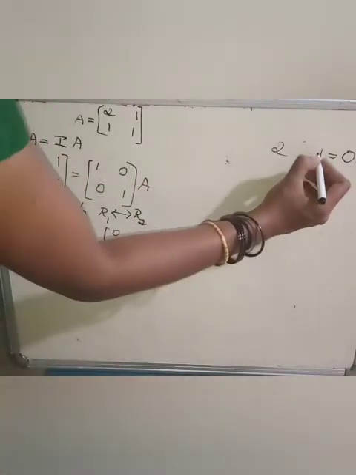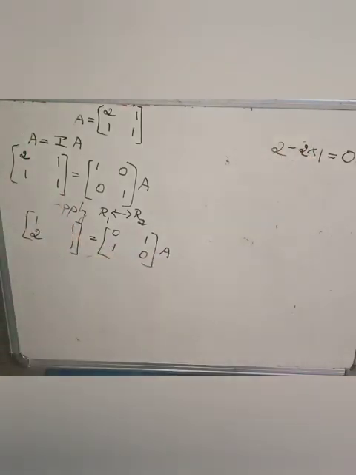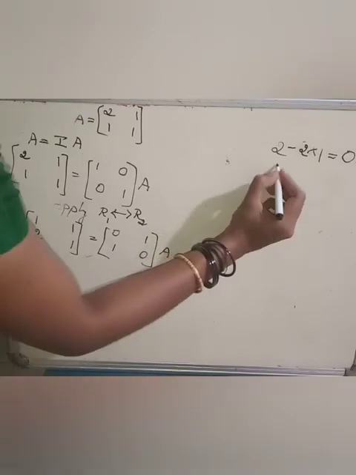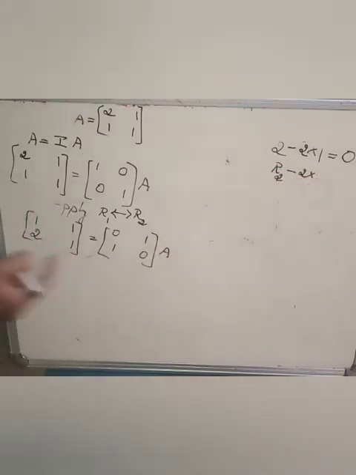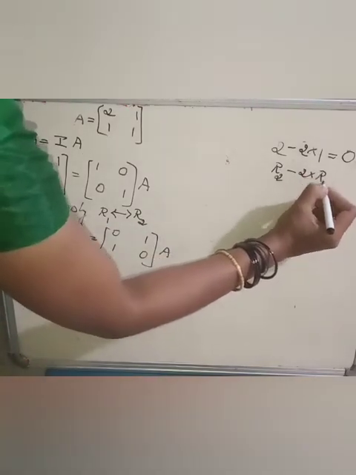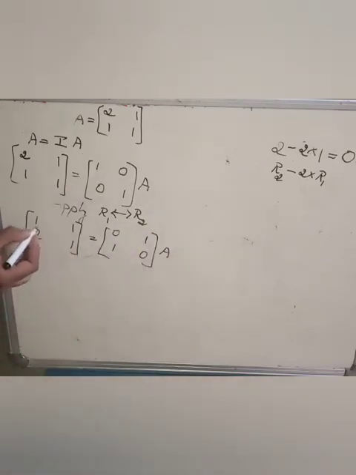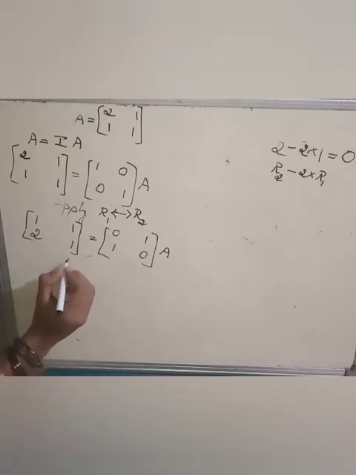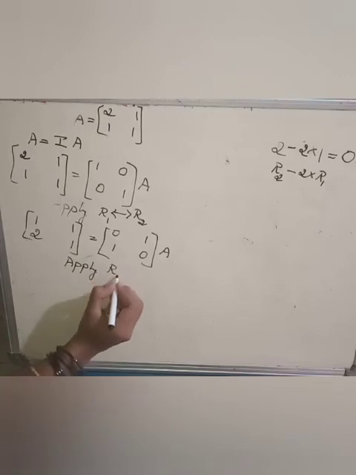That means you have to multiply 1 by 2 and subtract. Now check: R2 minus 2 times R1. Therefore the changes should be in R2.